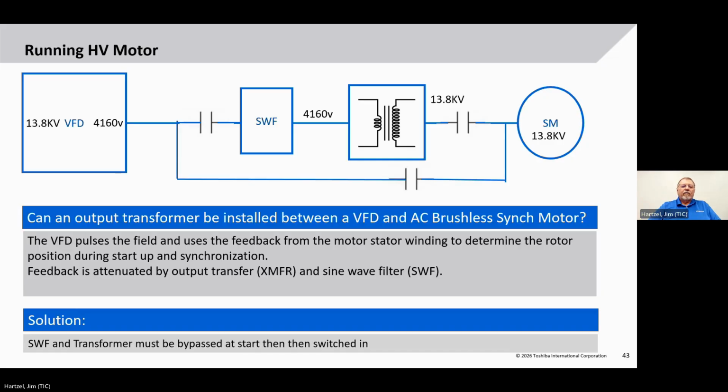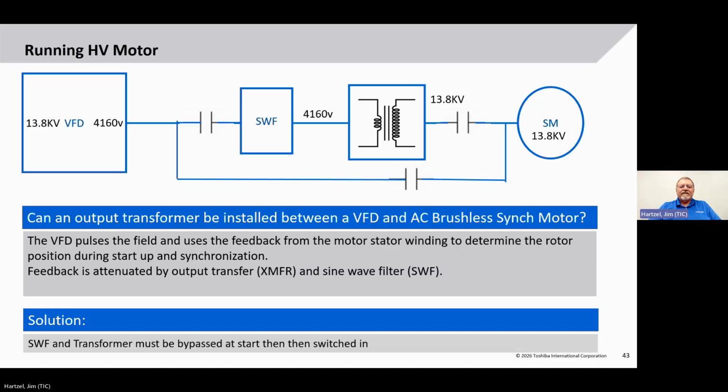Okay. We also have run into the situation where the customer has a 13.8 kV motor. Well, we can take our 4160 volt drive and use a step-up transformer to run a 13.8 motor. The problem is, as we were discussing, we need to detect rotor position. To do that, we would pulse the field current.